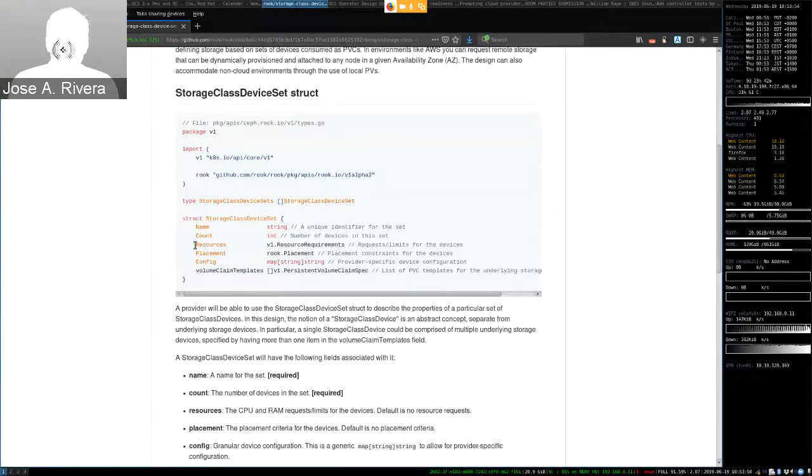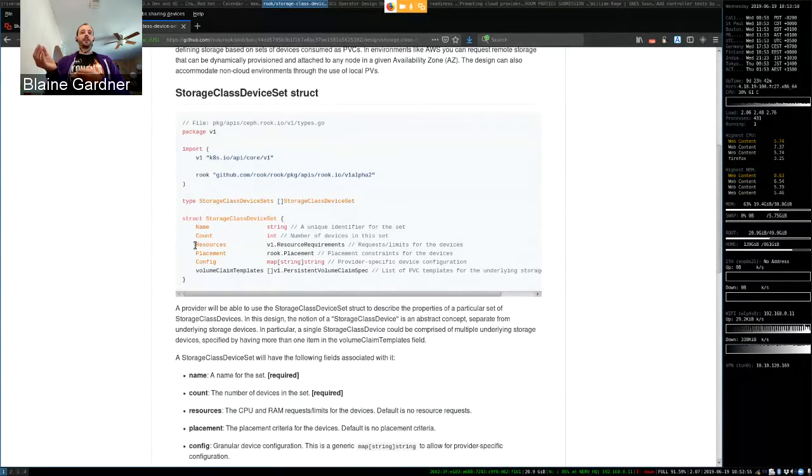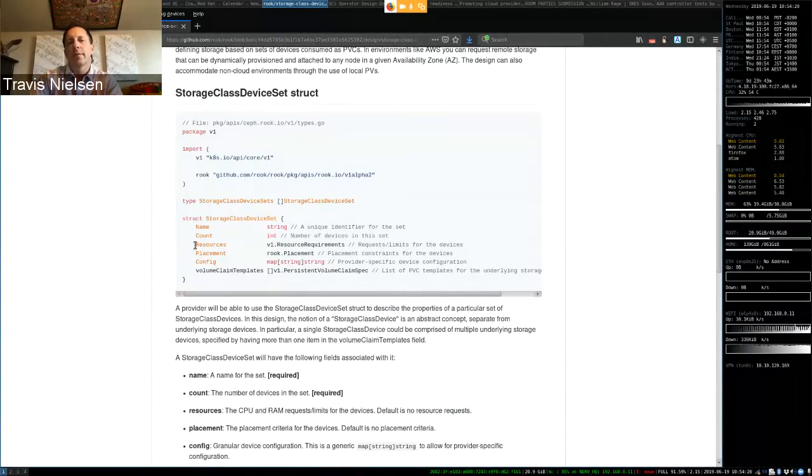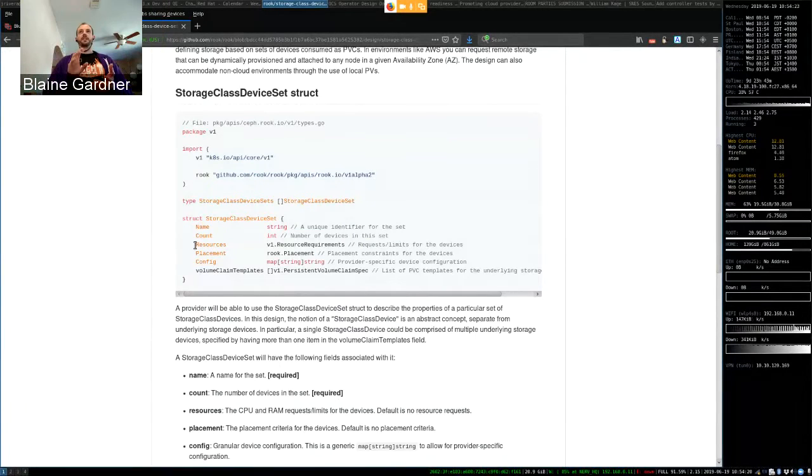But if we just had these as disks and we could override OSD configs on a per disk level elsewhere in the cluster CR, then that would be, I think, a more robust solution overall, because that would help us with physical devices as well as these claimed devices, without having to implement placement and resources and priority. And like I said, this list seems to just keep growing.